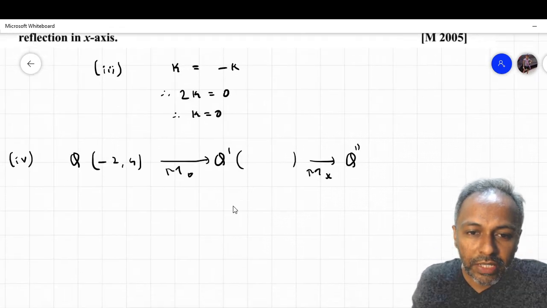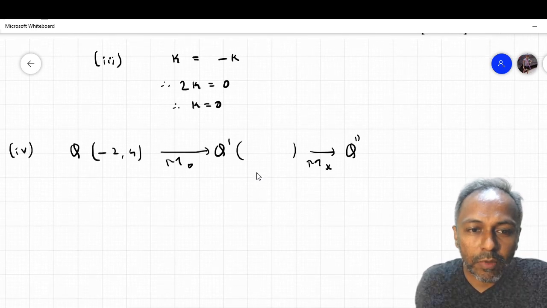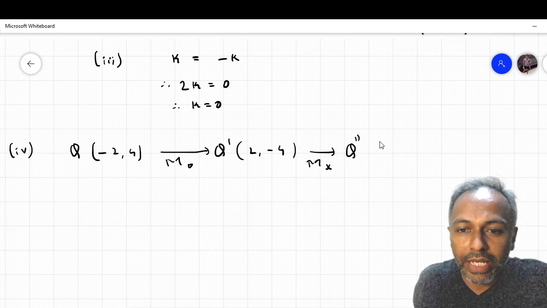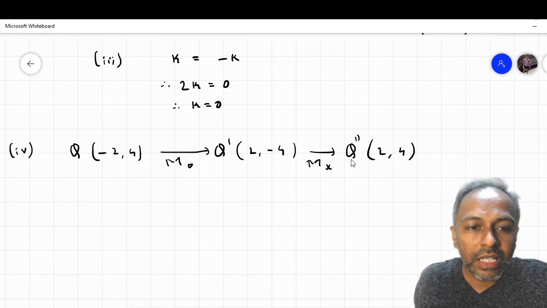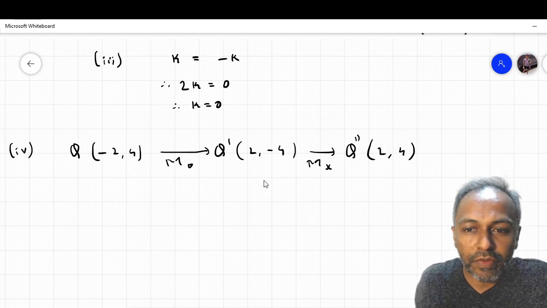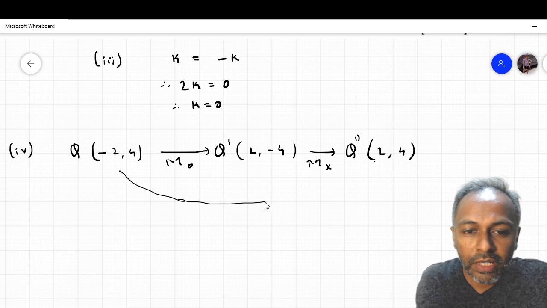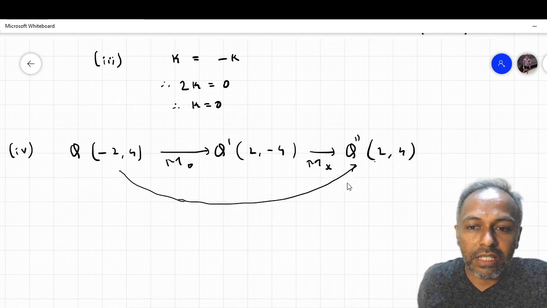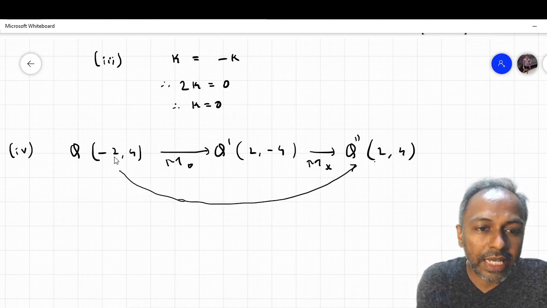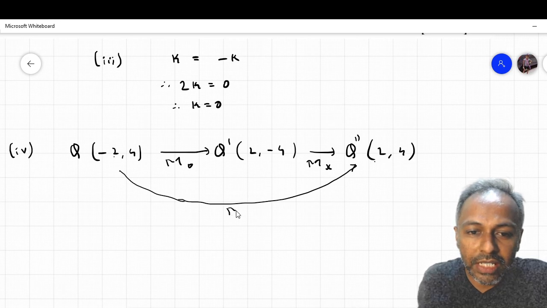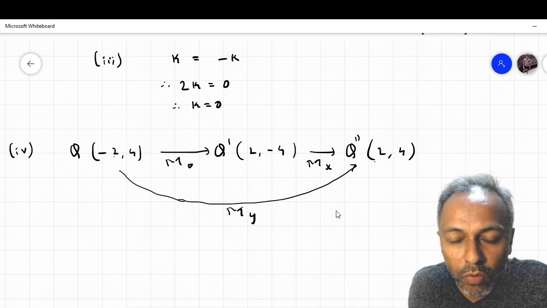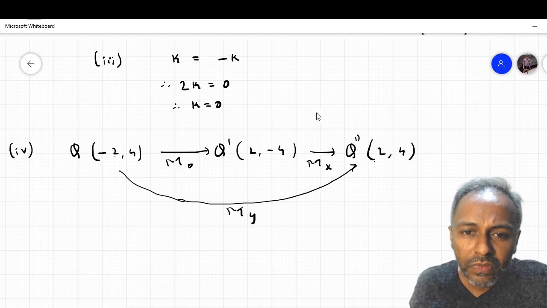Let's see what answers we get. So in reflection about the origin, both coordinate signs will change, and when you reflect it about the x-axis, only the y coordinate sign will change. Now this is your answer. An extra piece of information is that only the x coordinate sign is changing. It is as good as the point being reflected about the y-axis.